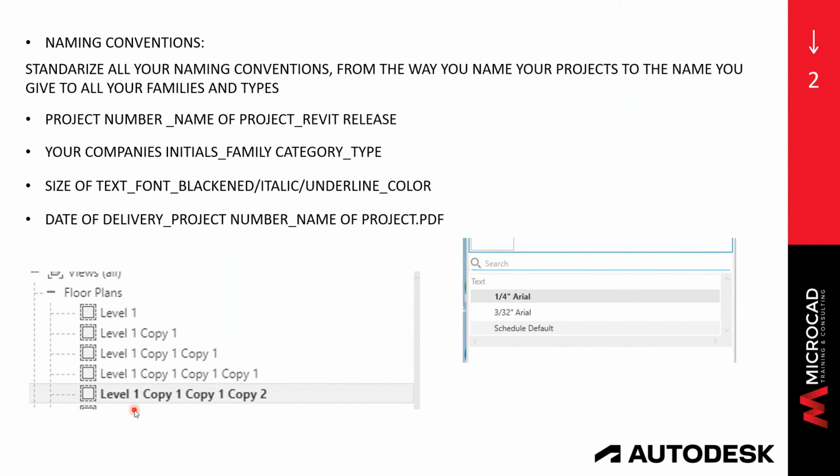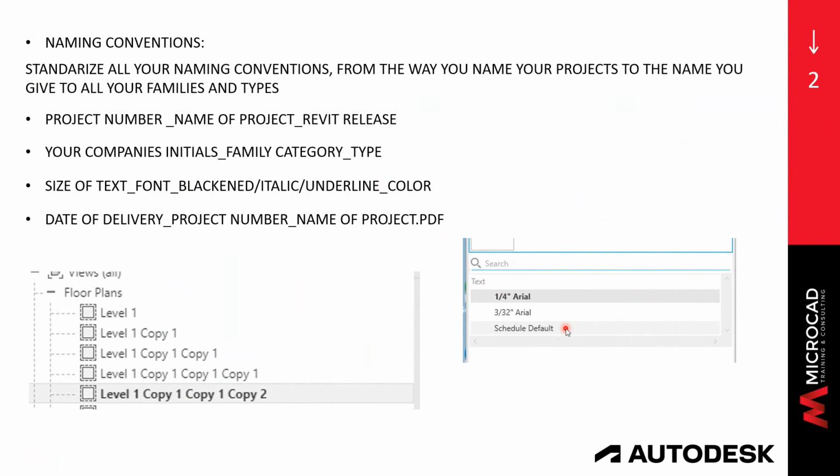The next thing that I have a big issue with in naming conventions is the naming of text items. I like the two text items that are exemplified here. This is something that every Autodesk template brings with it, that Schedule Default text type. Whenever I'm creating templates or helping a client to create their template, I always go in and rename that text type.